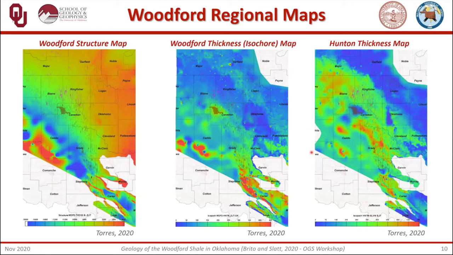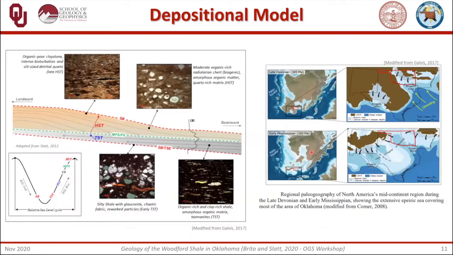So for the depositional model of the Woodford, you have a transgression at the beginning of the Woodford, and in that moment you're onlapping onto that surface, the pre-Woodford unconformity. Then afterwards you're depositing, you reach your maximum flooding surface, and during that time you deposit the upper part of the Woodford, which tends to be more cherty and more laterally continuous, and tends to represent more of a highstand time.